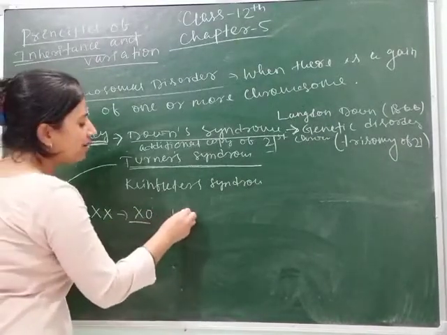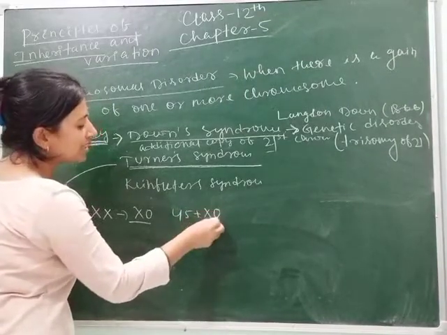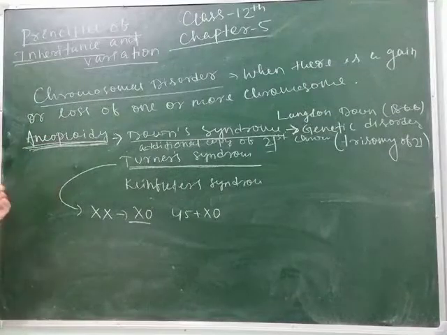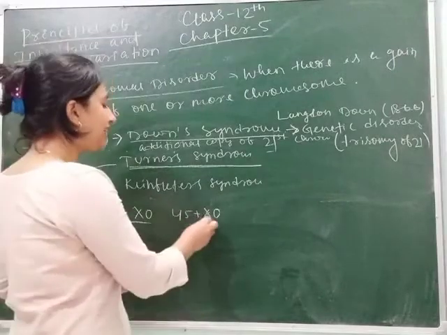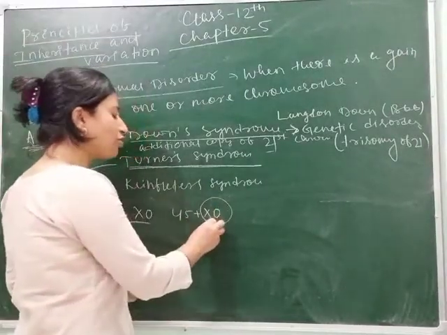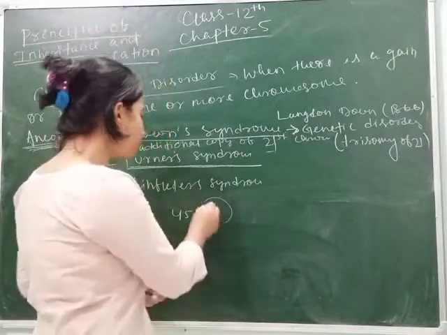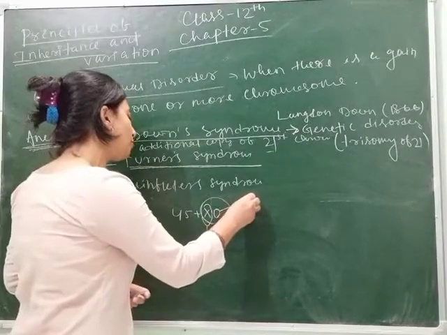They have 45 plus XO. According to the rule, the chromosomes must be 46, but here it is 45 with XO. Two sex chromosomes should be present, but here only one sex chromosome is present, and the rest are autosomes.